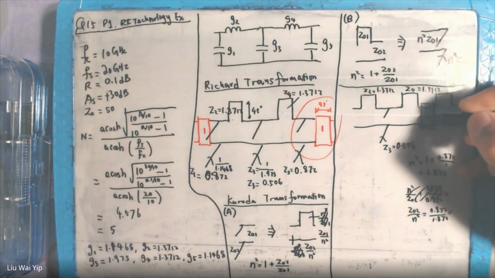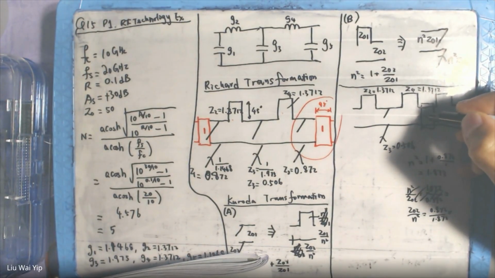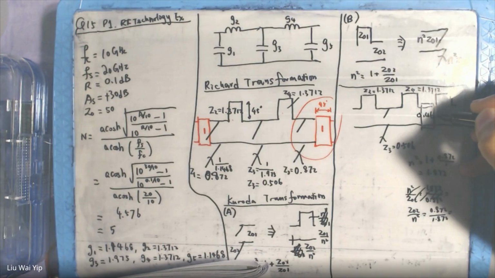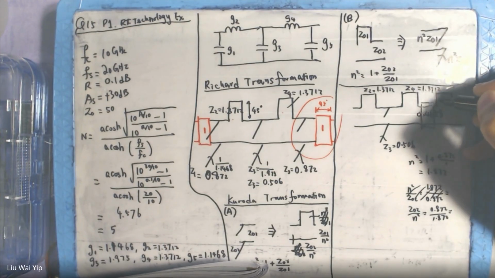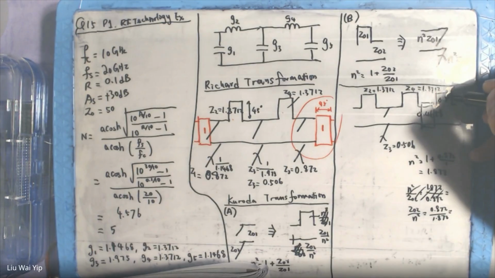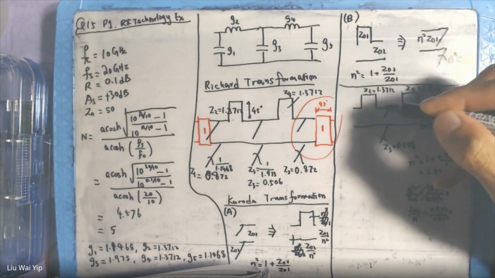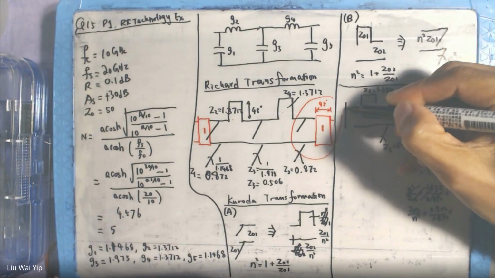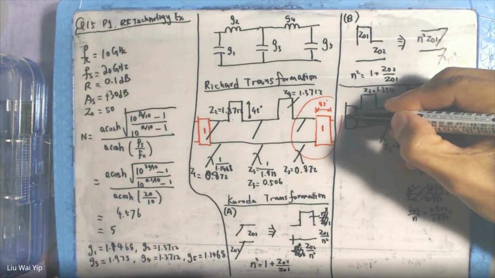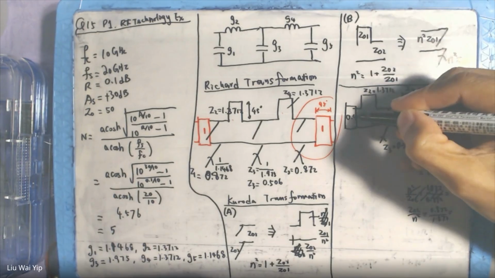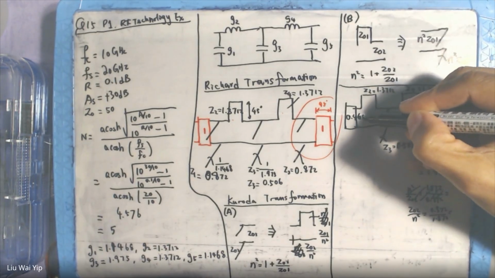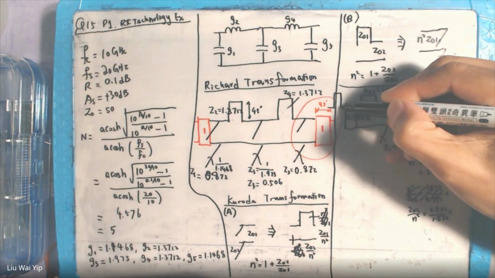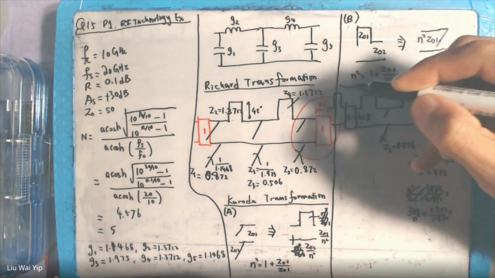So it is 0.4658, and this one 0.5342, and this one will be the same, 0.4658, and it is followed by an open circuit stub, which will be exactly the same.